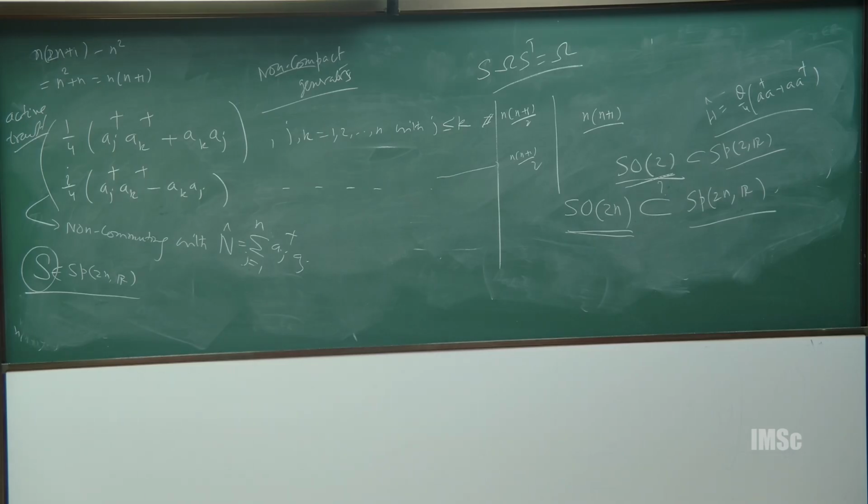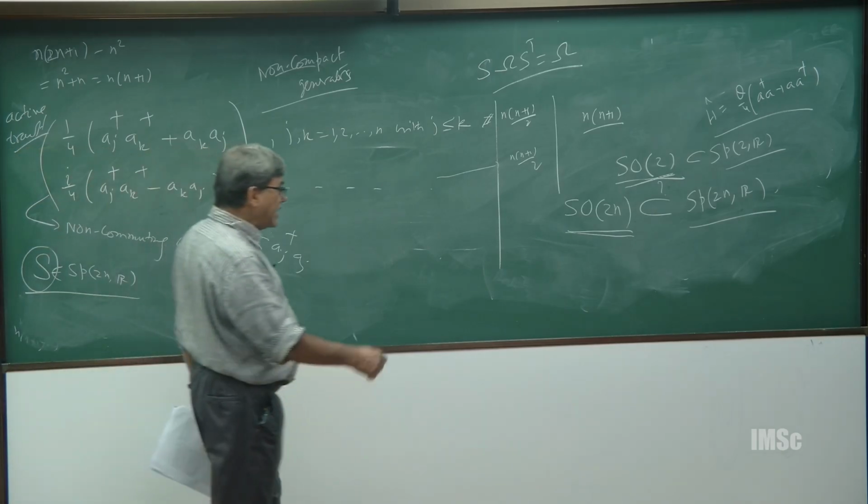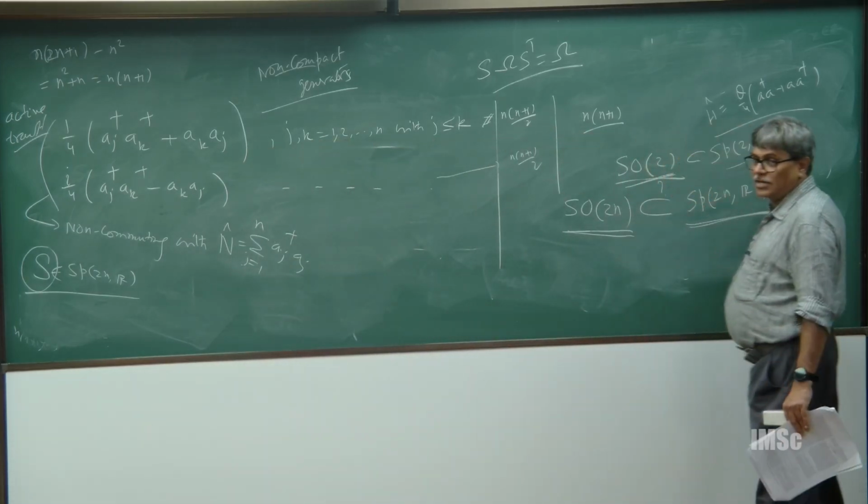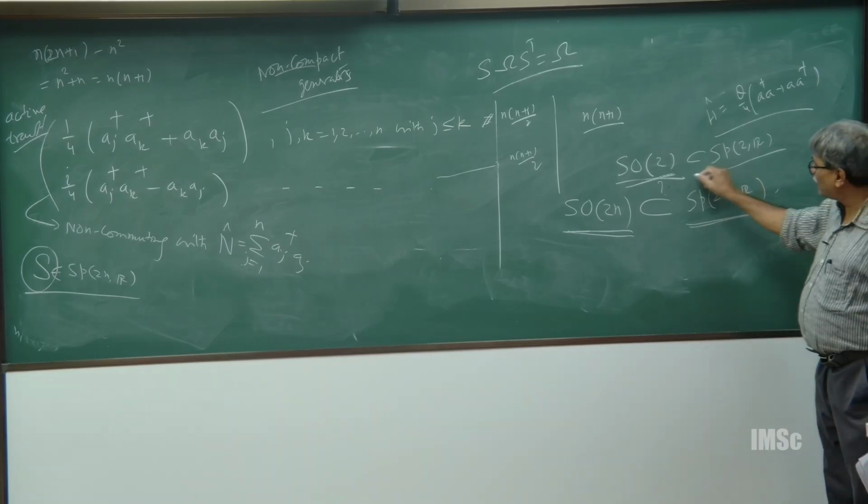This will be important to figure out the eigenvalues of this covariance matrix and all that. You can think about it. It turns out that no, not every element of these is an element of this. There are some which lie outside of this.